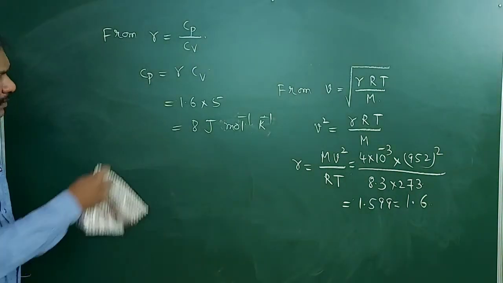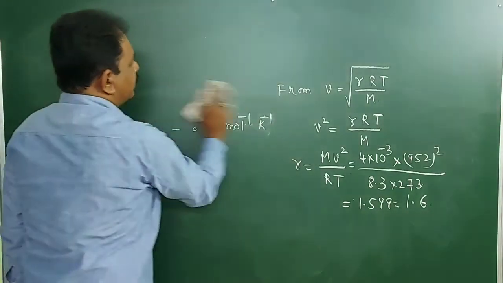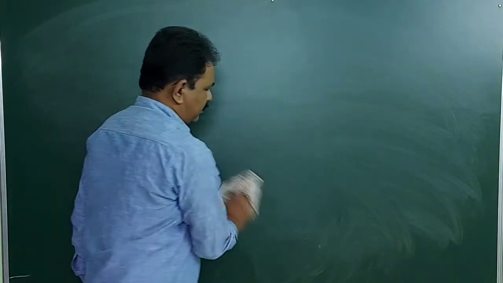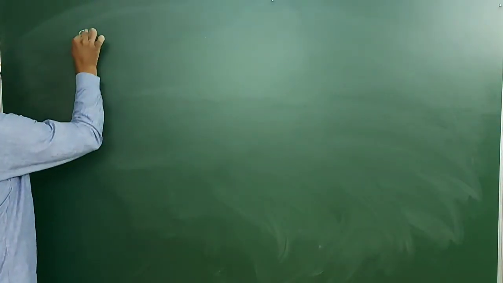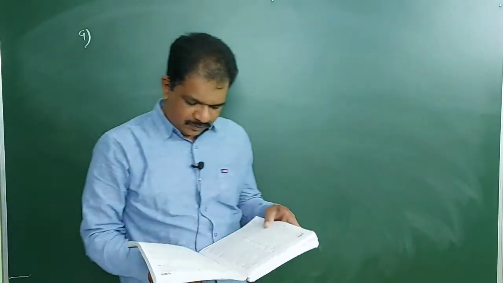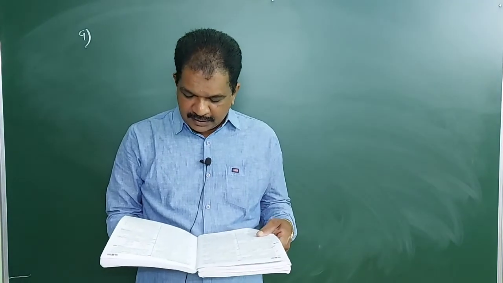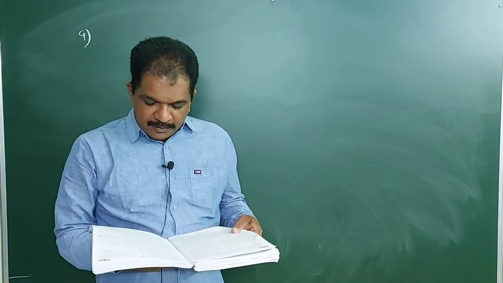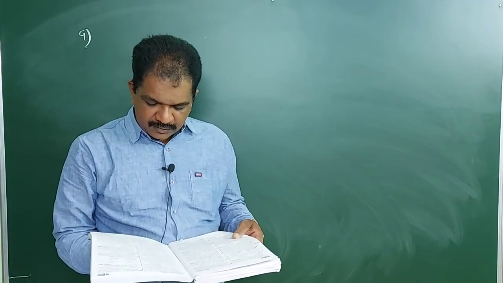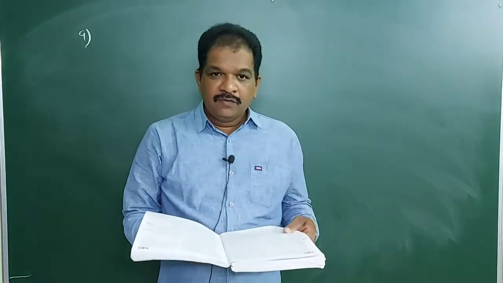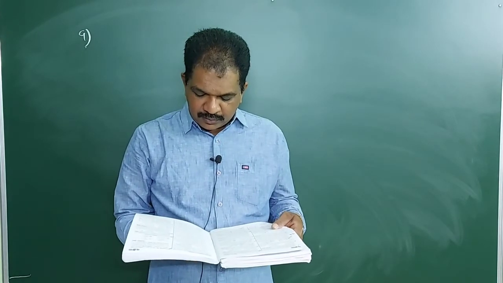What they are asking, say. A black body at 1227 degrees centigrade emits a radiation with maximum intensity at a wavelength of 5000 angstrom unit.